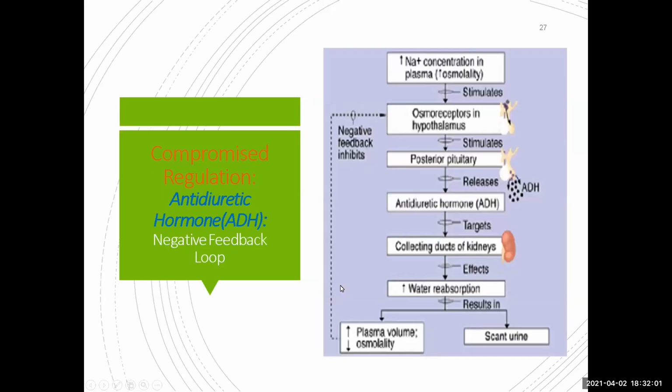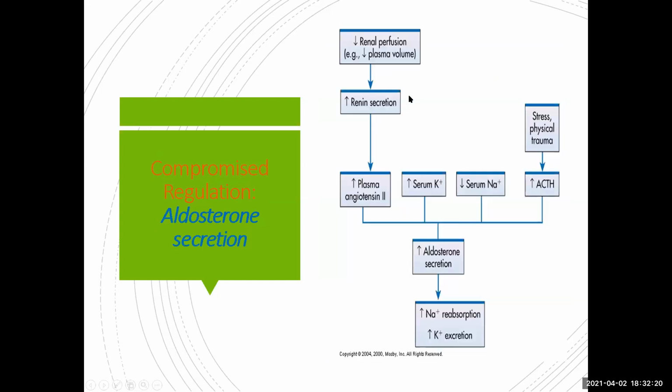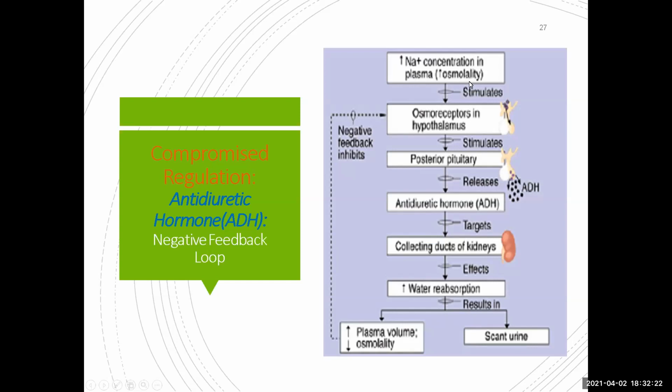And then here is review the negative feedback loop for the antidiuretic hormone, or ADH. So let's just start from the top. The increase in sodium, which happened here, concentration in the plasma increases the osmolality of the blood, and then it stimulates the hypothalamus, which stimulates the posterior pituitary, which basically is just a storage house for the ADH, right?